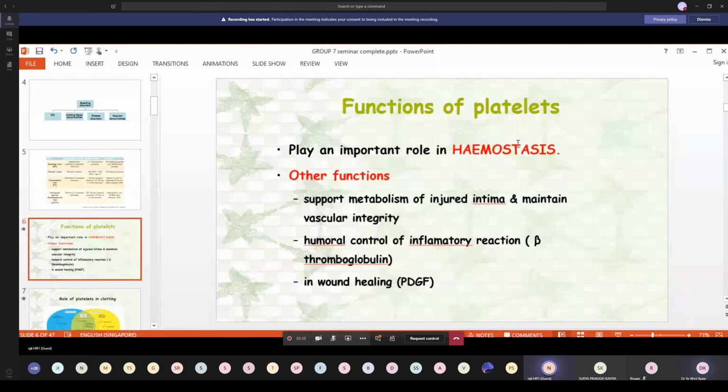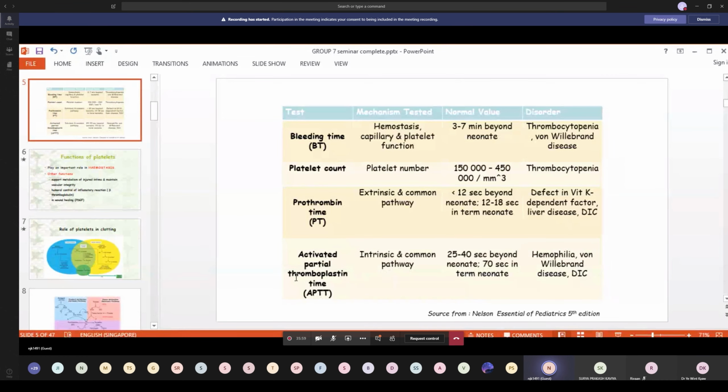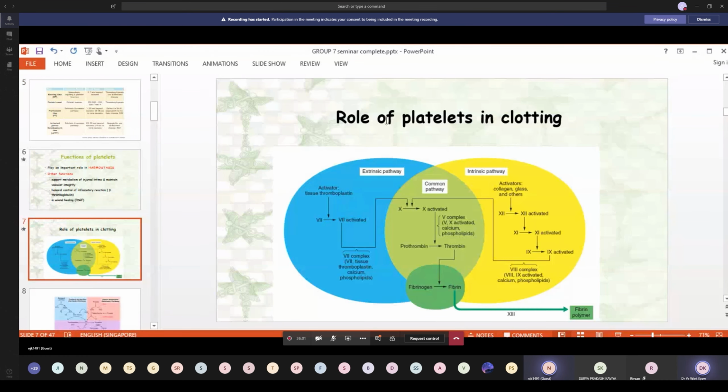And again, what is the function? Hemostasis supports other functions, including metabolism of the injured intima, maintaining vascular integrity, humoral control of inflammatory reaction, and immune healing. We mentioned the extrinsic and intrinsic pathways, where you can see the role of platelets in clotting, using the extrinsic pathway, intrinsic pathway, and common pathway.